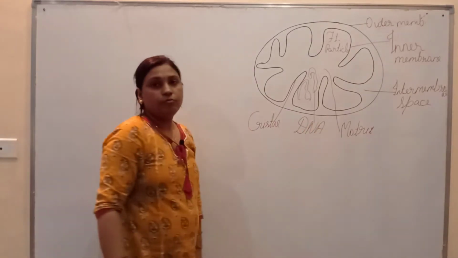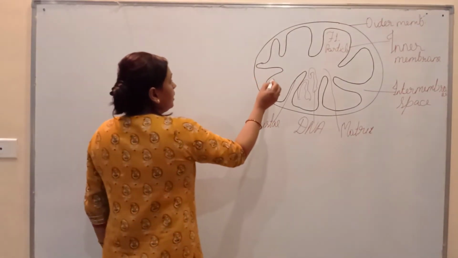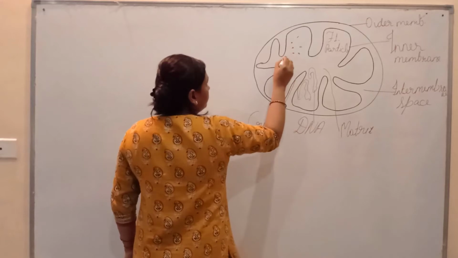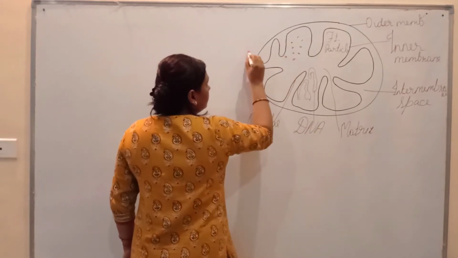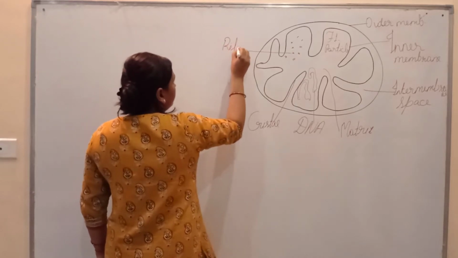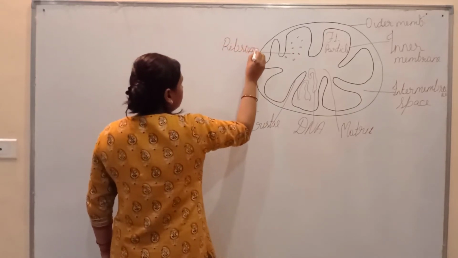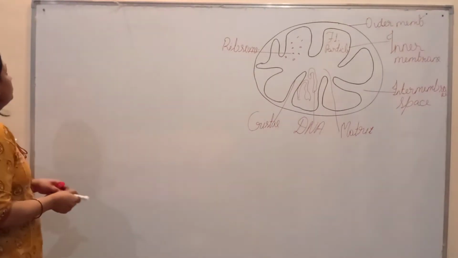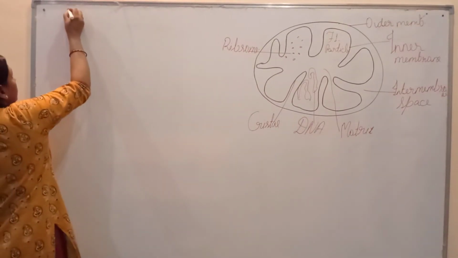DNA is found in mitochondria, and also ribosomes, the protein factory of the cell, are found in the mitochondria.